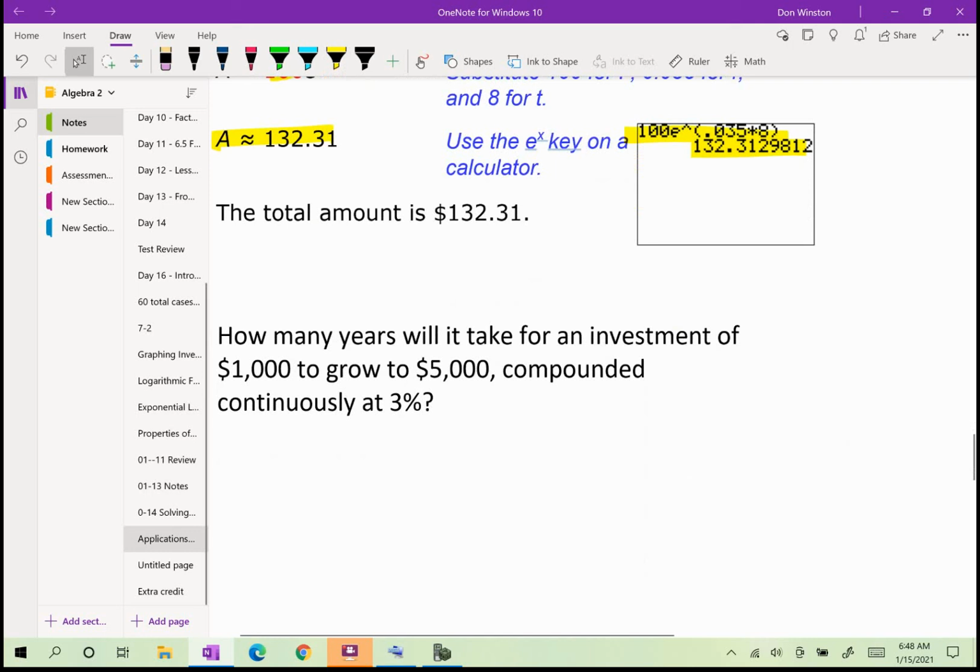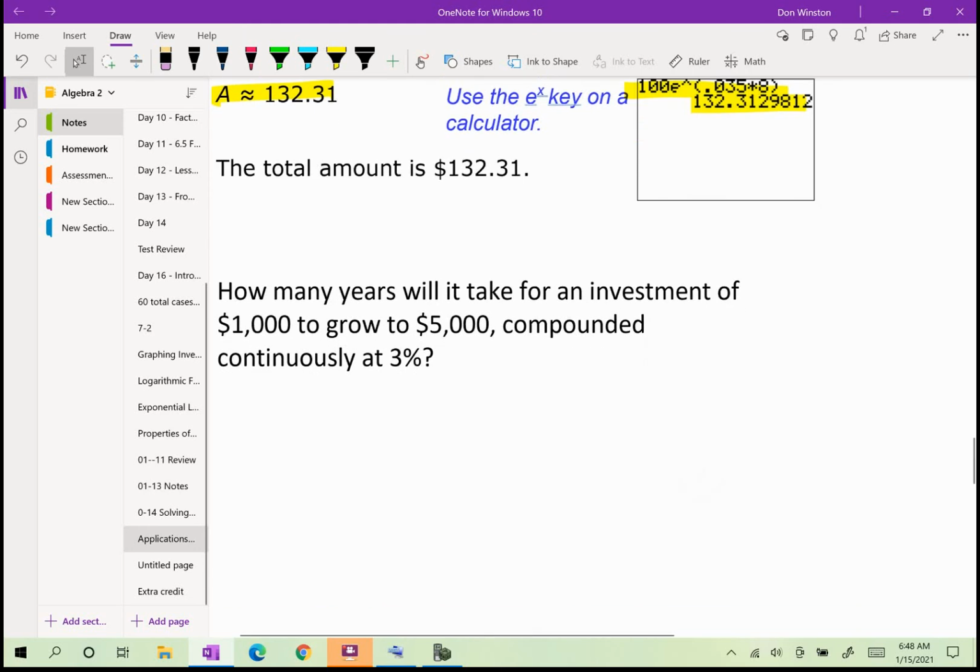Now let's ask, how many years will it take for an investment of $1,000 to grow to $5,000 if it's compounded continuously at 3%? Again, we're working with the equation A equals P times e raised to the rt. Our future amount is going to be 5,000. Our initial amount is 1,000.